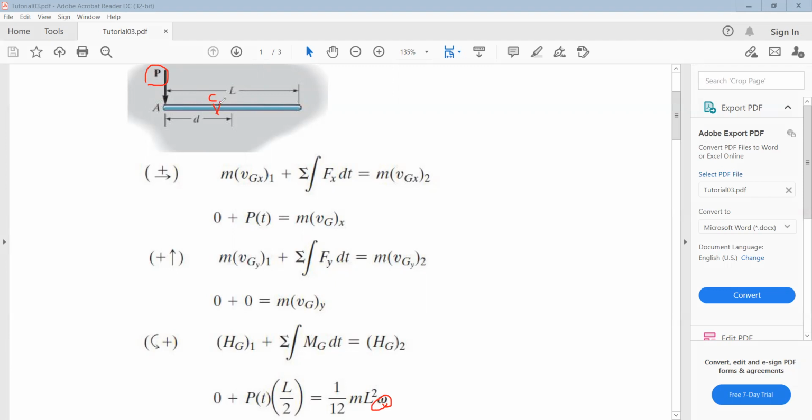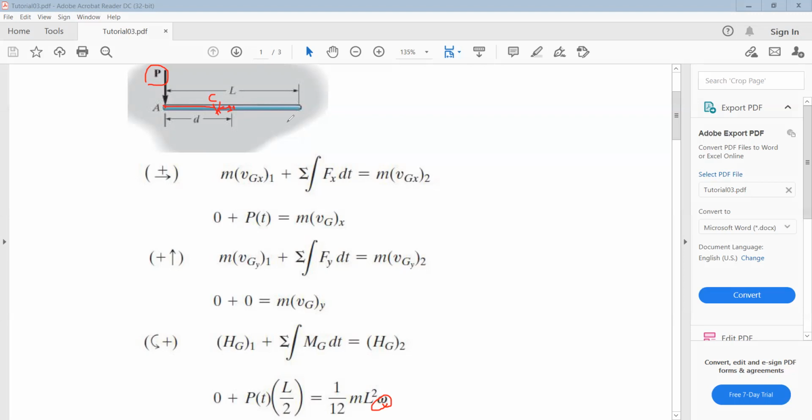So the velocity of each point is equal to the distance from that point times the angular velocity. For example, the velocity of point A is equal to this length times omega, and the velocity of the mass center, which is here, is equal to this length times omega.